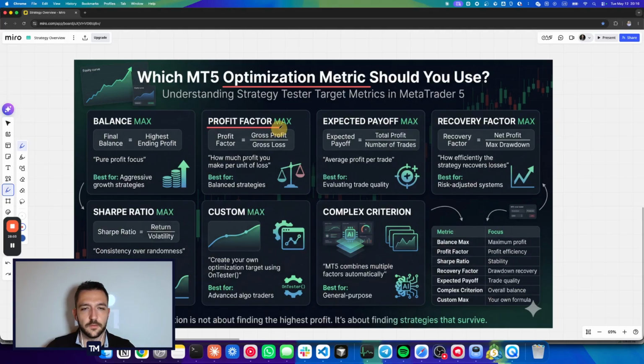So profit factor max. This is another one very frequently used. This basically means gross profit divided by gross loss. In other words, how much profit you make per unit of loss. Why is it good to have this higher? Because you're going to lose, that's obvious. Your strategy is going to have losses.